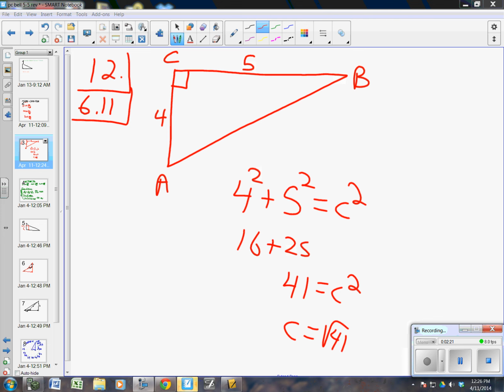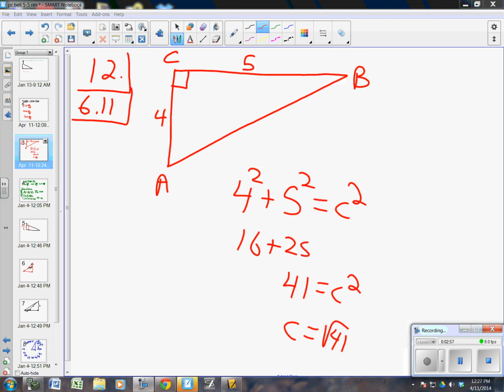Now, most textbooks that you ever look at will leave your answer as the root of 41, and that's what I would always suggest. But this booklet always gives the answers as decimals. So we're just going to look at this really quickly and see what they do. What is the square root of 41?